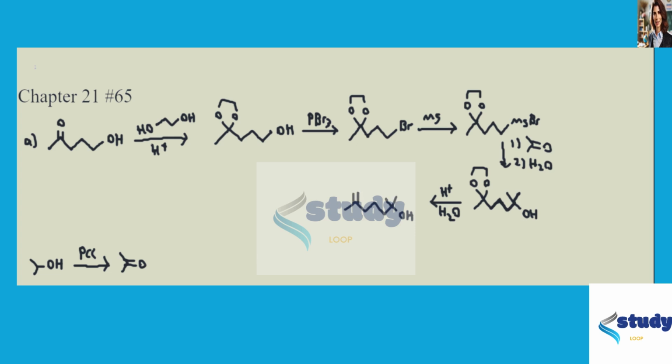And so to get to our final product, we need to have an alcohol there. And so we can accomplish that with any reducing agent. So you can do sodium borohydride. I'm going to do lithium aluminum hydride. And that gets us to our final product for part A.